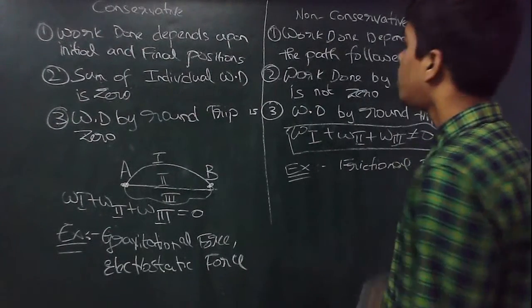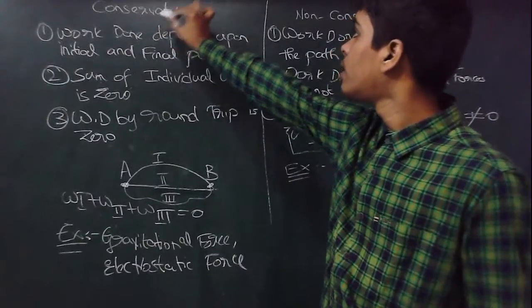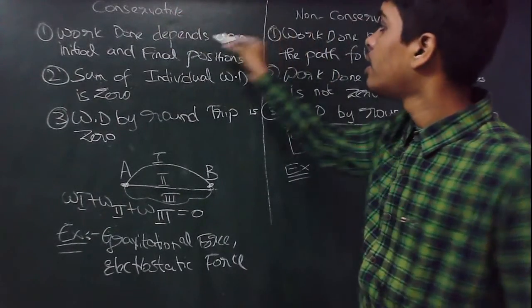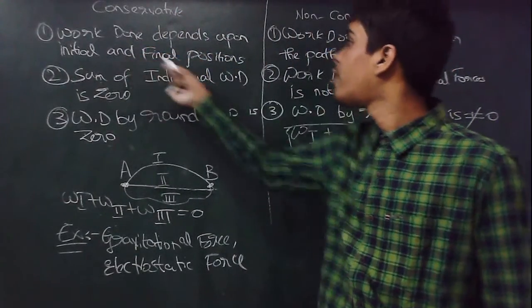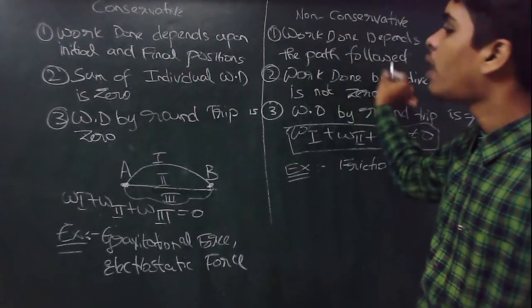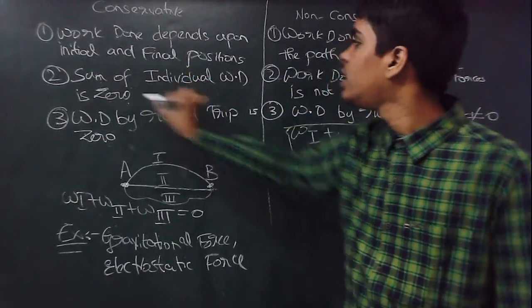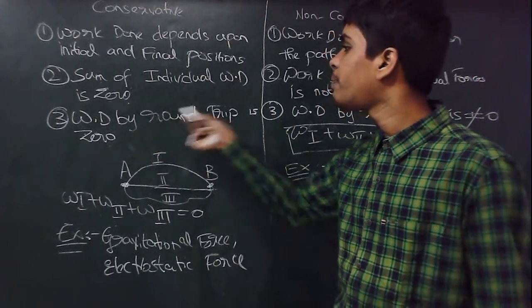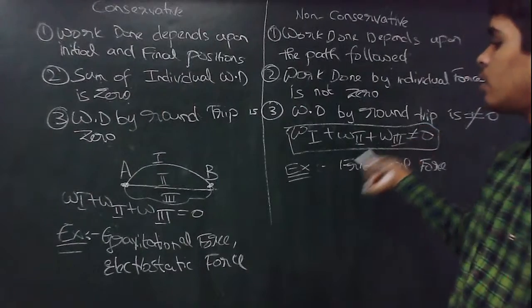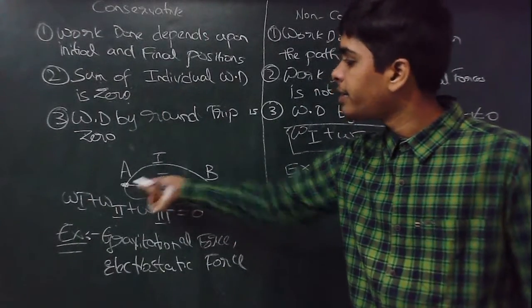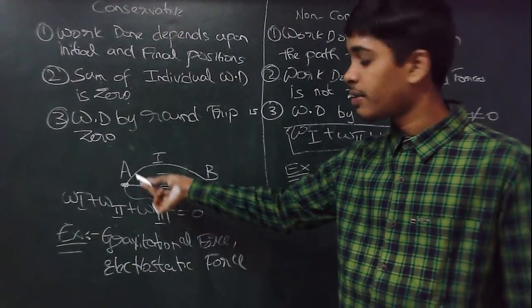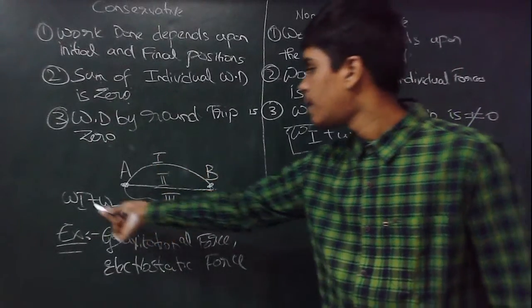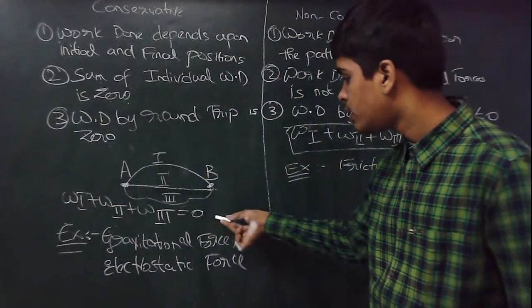Okay. Now let's discuss the differences between conservative and non-conservative forces. Here work done depends upon initial and final position. Here it depends on the path followed. Sum of individual work done is 0, and here it is not 0. Work done by the round trip is 0 and here not 0. So for the path followed in A, B and W1, 2, 3, W1 plus W2 plus W3 is equal to 0.